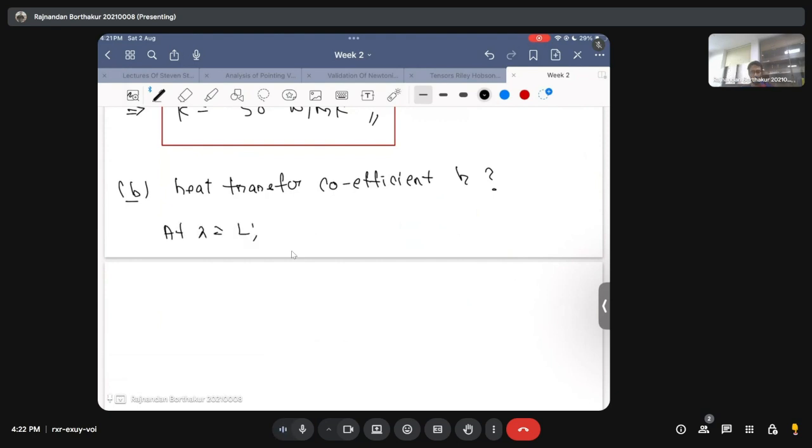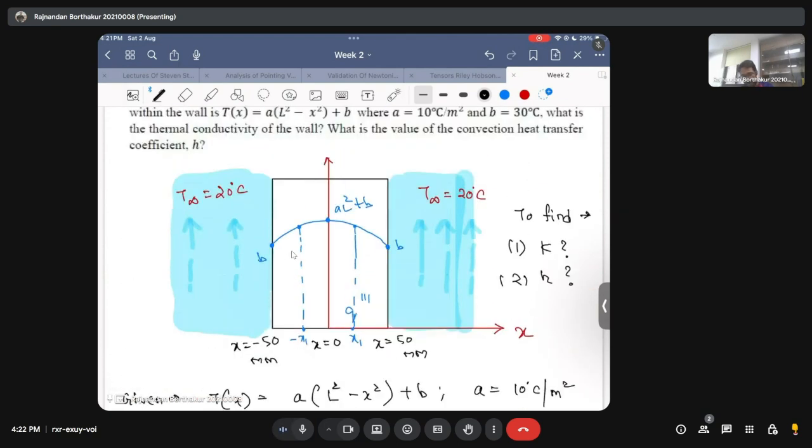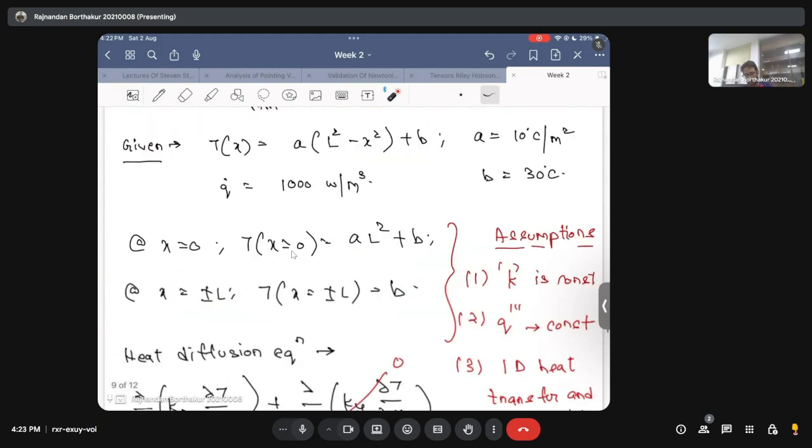So x equal to L is an interface. I call this an interface because this is the boundary that demarcates the fluid and the solid. At an interface, if there is no phase change taking place, your heat flux is continuous, and your temperature is also continuous.